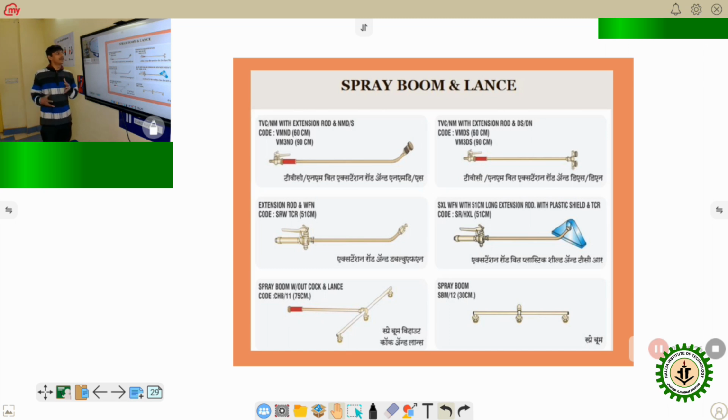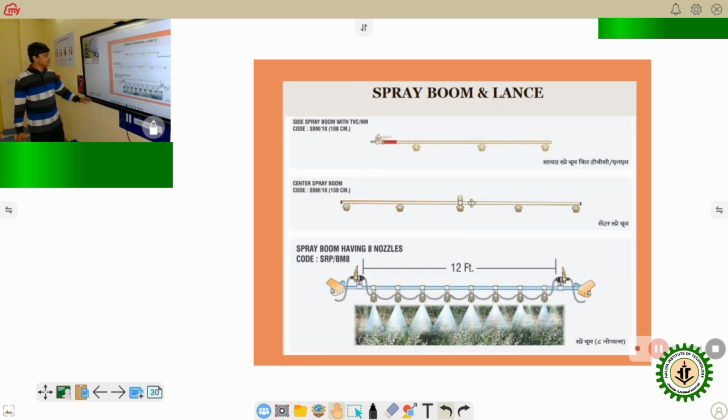Apart from the spray booms and the nozzles, different types of sprayer booms and nozzles are very important, and here they are presented in a very effective manner. You can see different spray booms with multiple types of nozzles, which are for covering a large area.